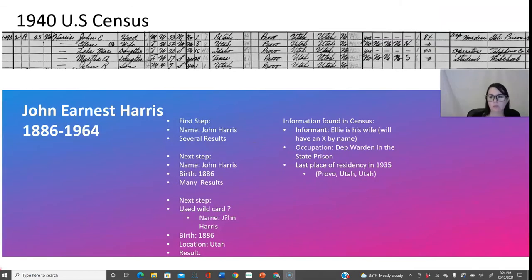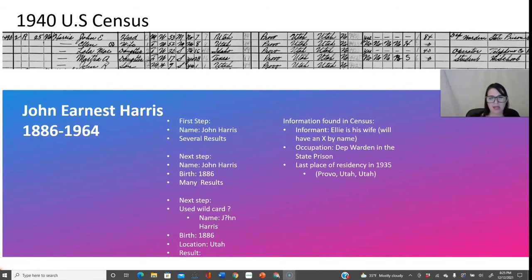So after researching the 1940 census for John, I typed in John Harris, and once again, several results. I added his birth, 1886, several results. And then I used the wildcard, the question mark. I did J question mark HN Harris, his birth year in Utah, and the result was I found him.